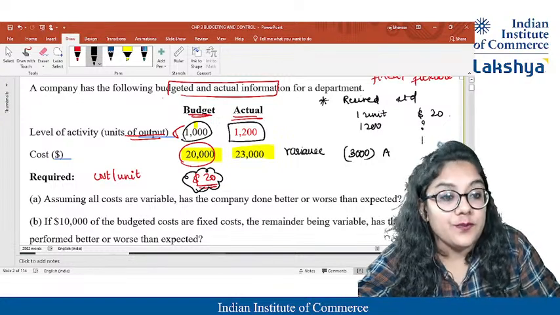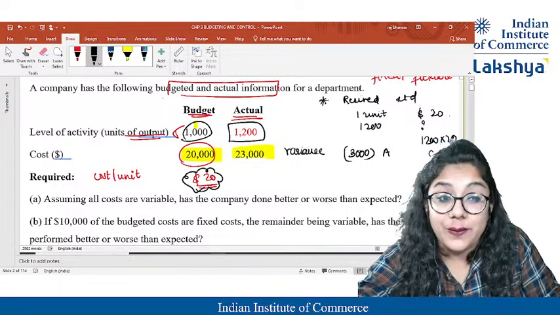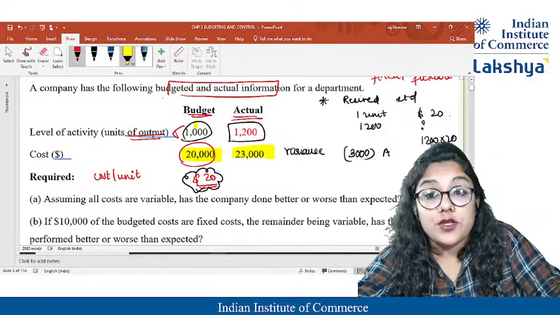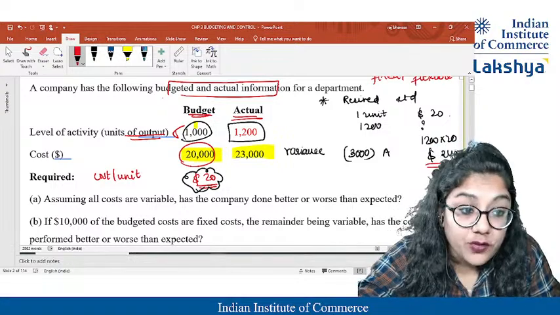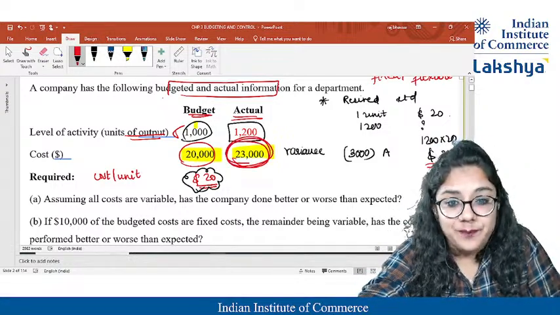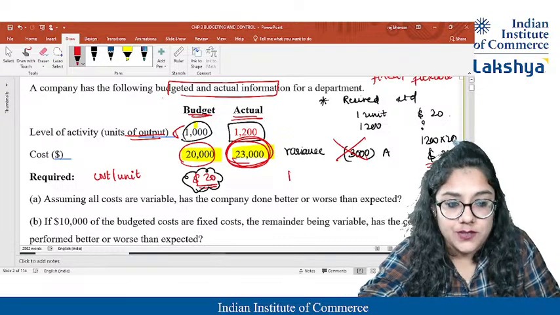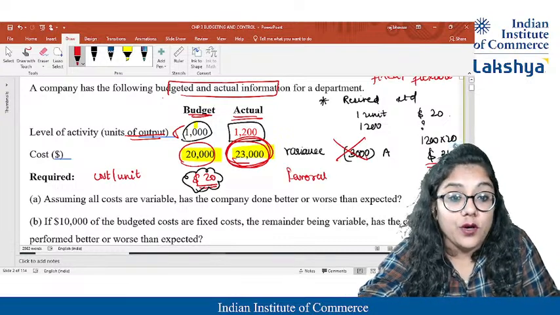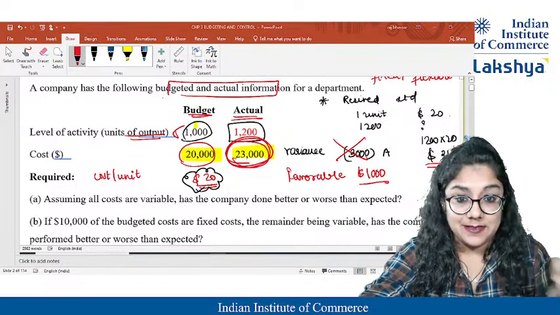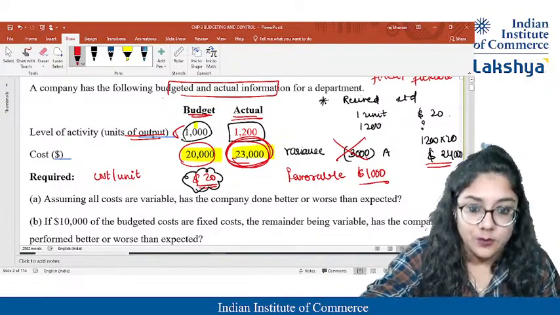Multiplying 1200 by 20 comes to $24,000. So your cost would have been 24K, but I only incurred 23K. That means I have not done adverse work. I have done a favorable work of $1,000.